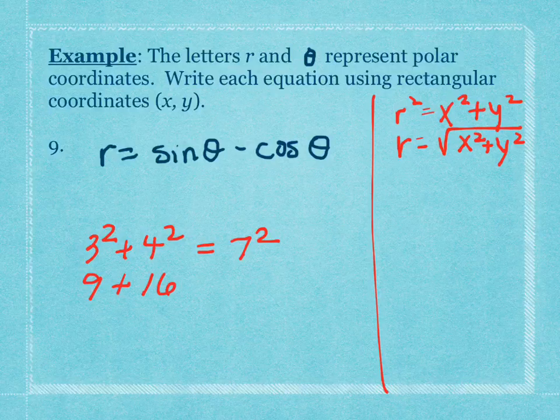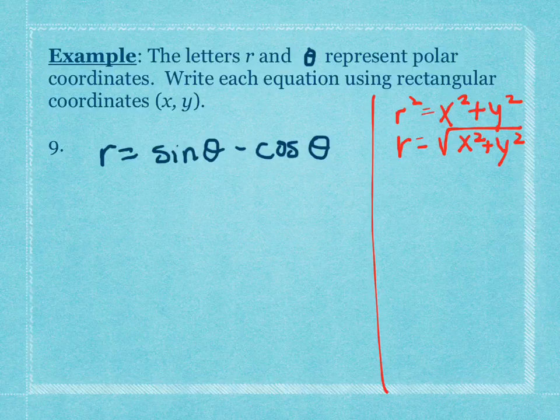What's 7 squared? 49. Is 9 plus 16 equal to 49? No. So you can't just distribute a square root. Okay, it's not a possibility. So what you can do, though, is leave the square root there. So over here, I can express r as the square root of x squared plus y squared.